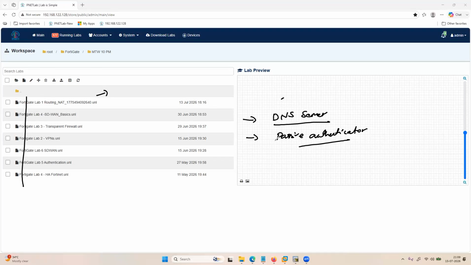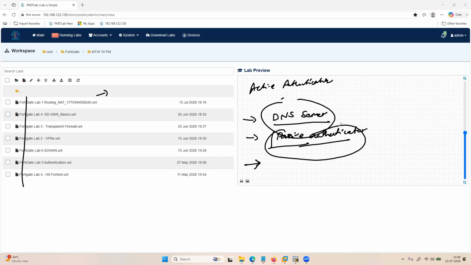For that, while trying to connect to the internet, they used to browse google.com or something in the browser, then they will have a username and password for that. That authentication is known as active authentication. And there is one concept that is very good, that is passive authentication. That type of thing you are going to see, right?